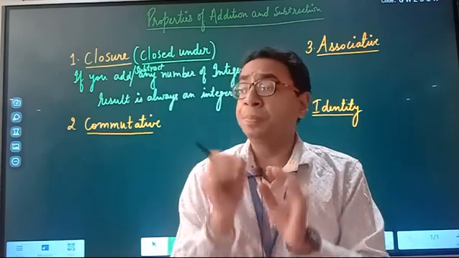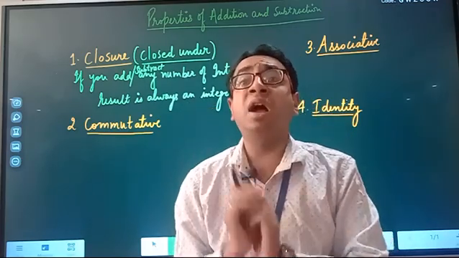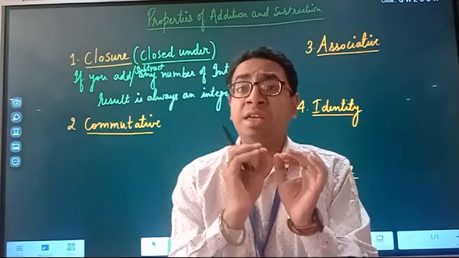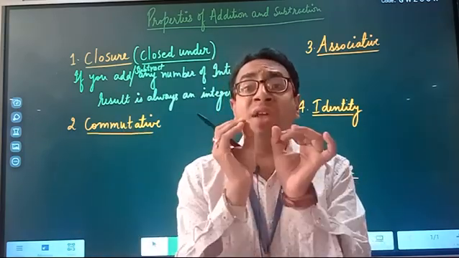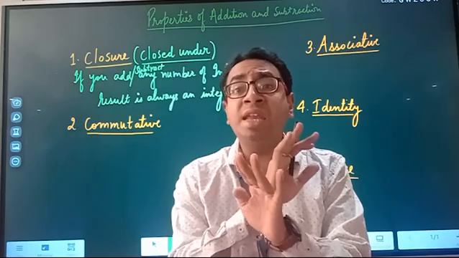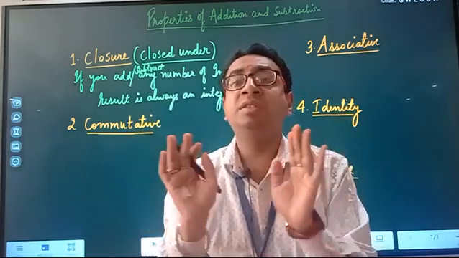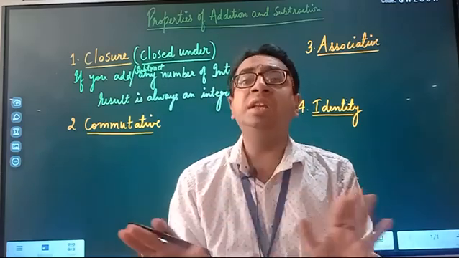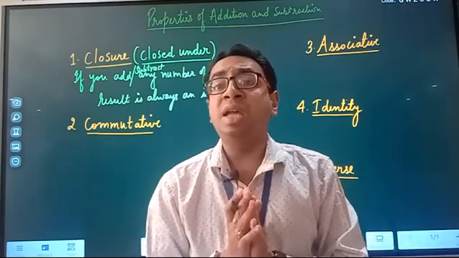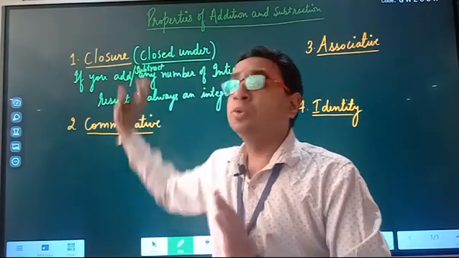So can I say integers are closed under addition? Integers are closed under subtraction. It means that whenever you add any integers, you will get the result as an integer. Whenever you subtract any integer, the result will always be an integer. This is what closure property means.